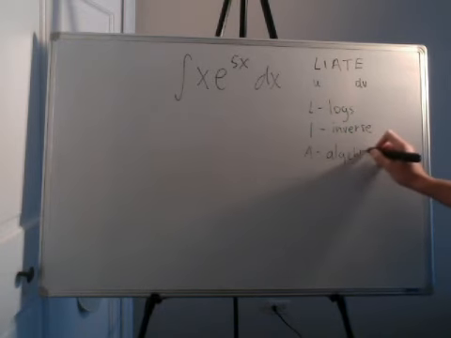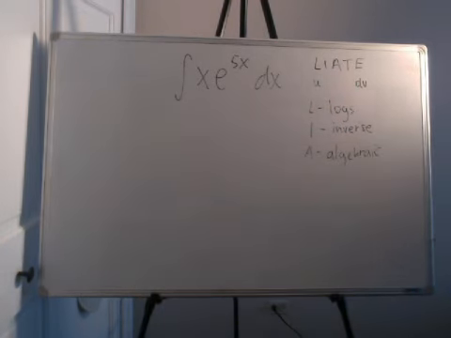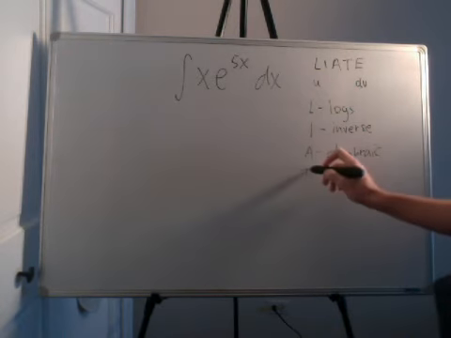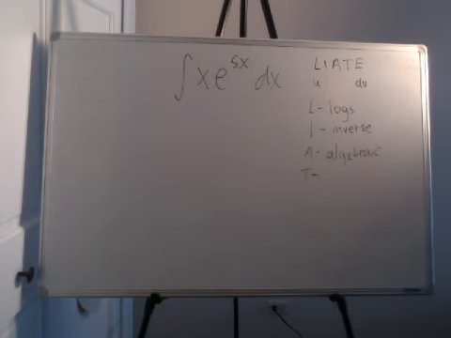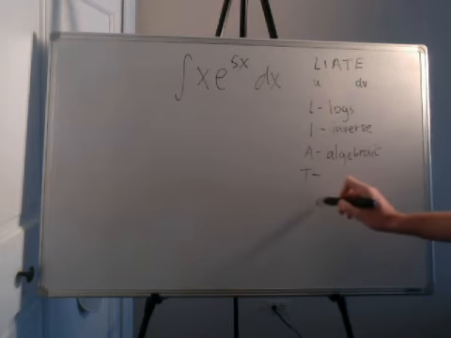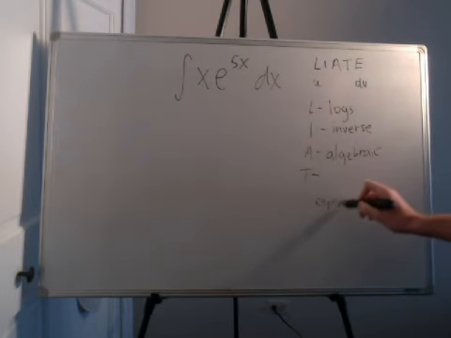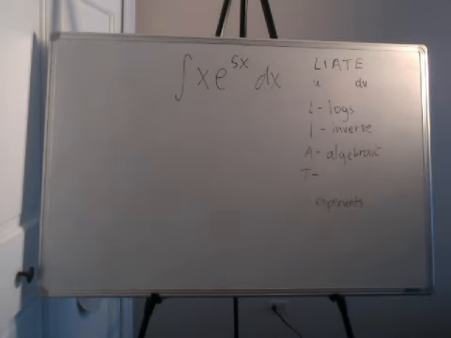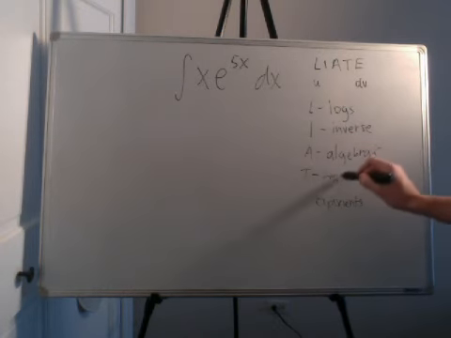That would just be like if you had 2x or something algebraic. T stands for trig. E stands for exponents.